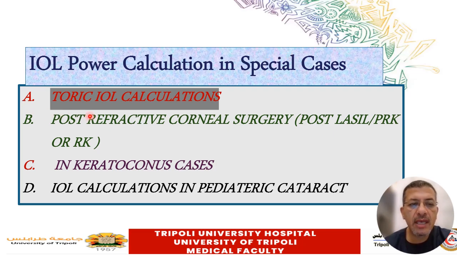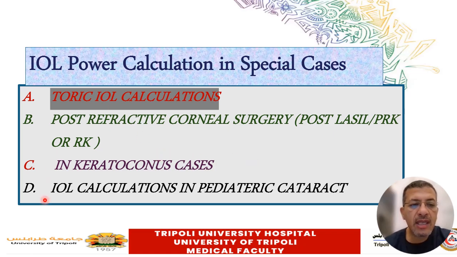For example, the Toric IOL calculations, the post-refractive cases, keratoconus and how to measure the IOL in keratoconus, and also the IOL calculation in pediatric cases. Of course, there are other important subjects like combined keratoplasty and cataract, or DMEK and cataract. I will not speak in detail about them now.